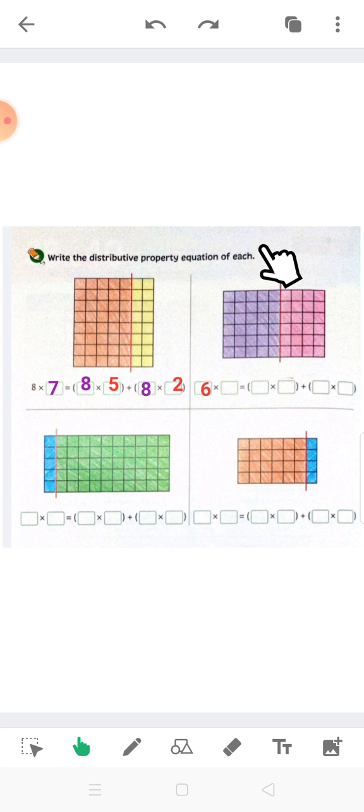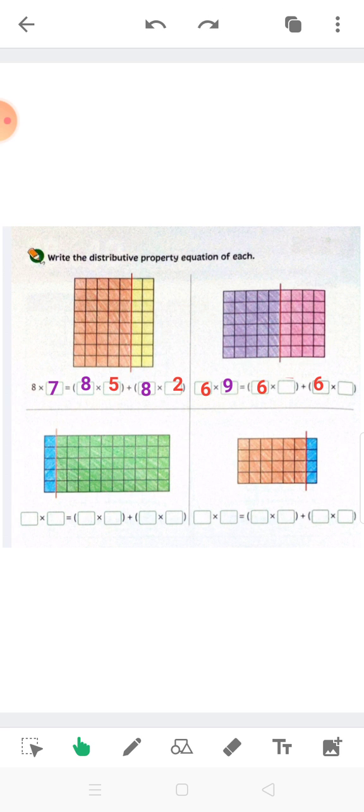Okay, how many columns in all? 1, 2, 3, 4, 5, 6, 7, 8, 9. Okay, I will write it in all. And then we will repeat the number of rows, and put it between brackets. Then we get the total number of columns, 9.